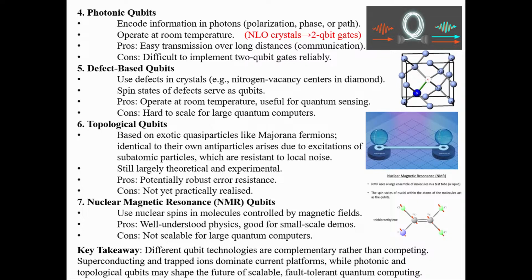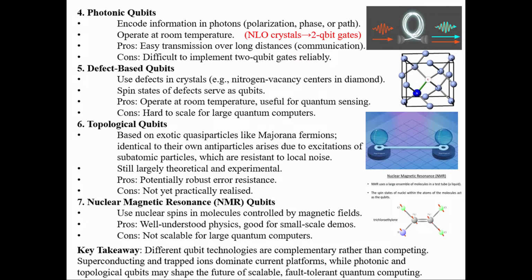And topological qubits are based on exotic quasi particles like Majorana fermions, which can also be used because they are identical to their own antiparticles. Of course it is potentially robust and error resistant, but not yet practically realized. It is still limited to experimental laboratories. And nuclear magnetic resonance qubits: the molecules can give nuclear spins that can be controlled by magnetic fields. So that is also another technology.